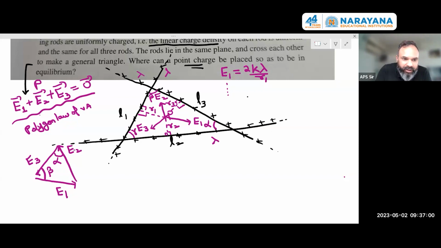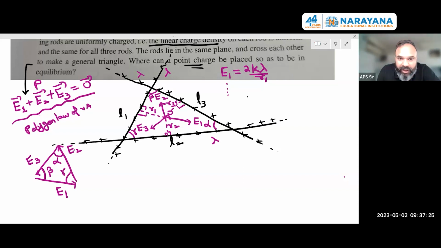E1 and E3. And similarly, I say this is gamma. If I look into this triangle and the triangle formed by normals, and the property that if two lines are at a given angle, the perpendiculars will also be at the same angle, the triangle given in the question and the triangle that we have formed are two similar triangles.